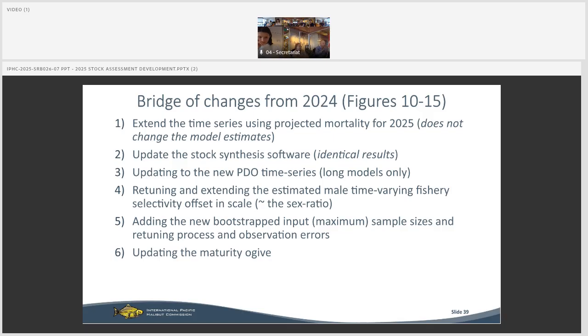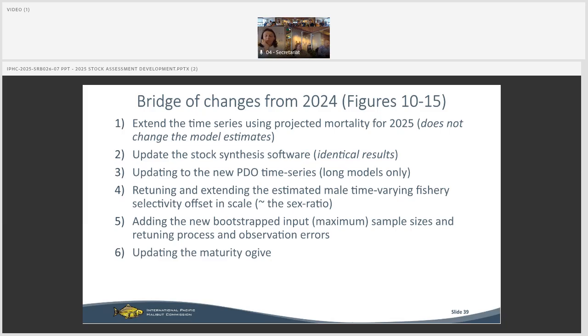That was at a time we only had a few years of sex-specific data, and we had just started to model that in the previous assessment. And so we hadn't yet extended that into the full time series. So I actually did that this year, extended that out, re-estimated. We didn't have enough data really to estimate those signals on the degree of variability between male and female selectivity. So now we could retune that and extend it into the forecast. So I'll show you that result.